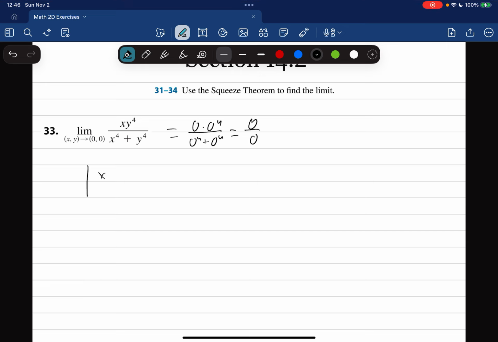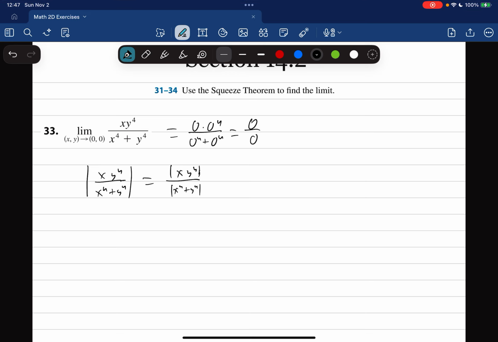So first, I notice I'm taking the absolute value of this. And when I do, I can simplify this as absolute x y to the fourth all over x to the fourth plus y to the fourth. Or you know what? Let's take this step by step. So first, the absolute value, we can just do the absolute value of the dividend and divisor separately.